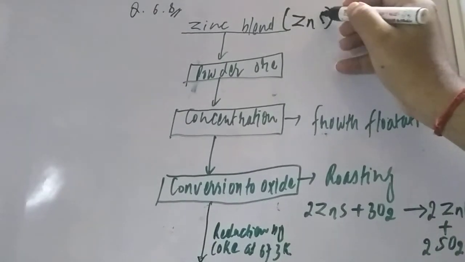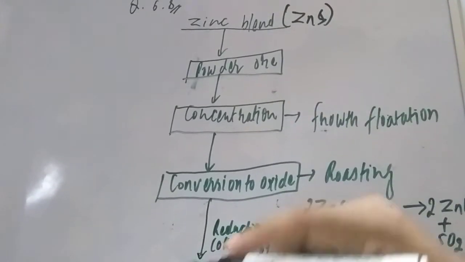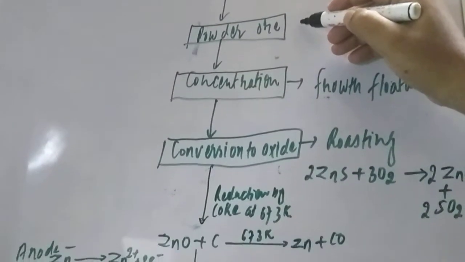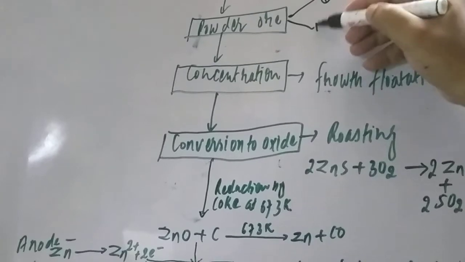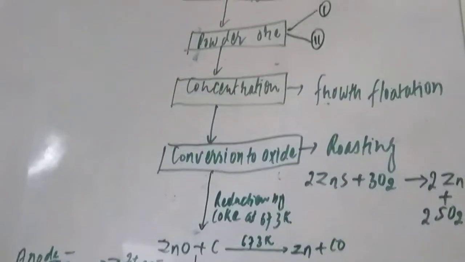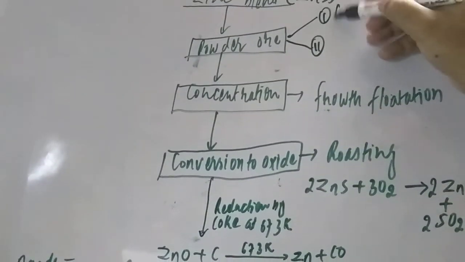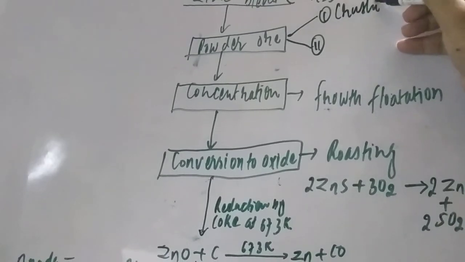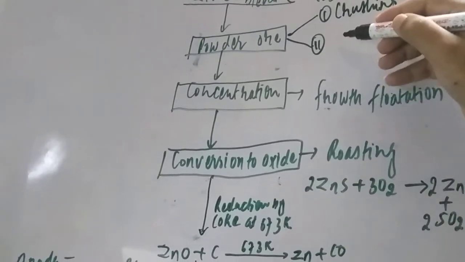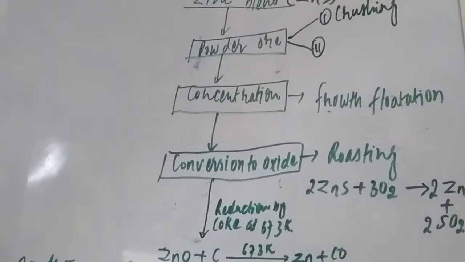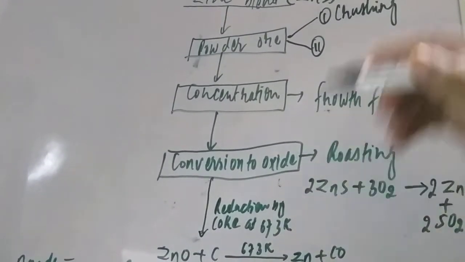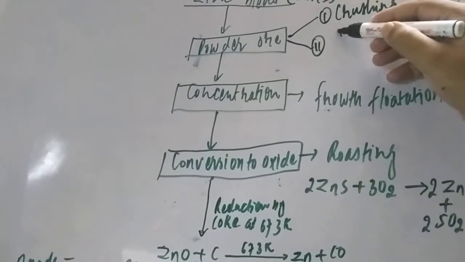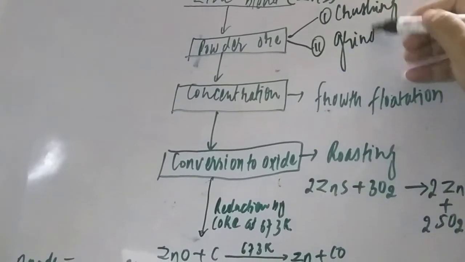Now this ZnS we first convert into powdered ore. How can you convert it into powdered ore? By crushing, and second, by grinding also you can convert it into powdered ore.